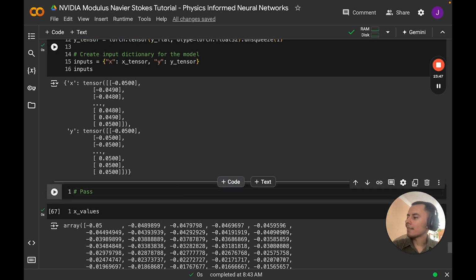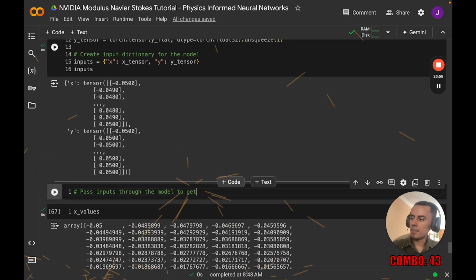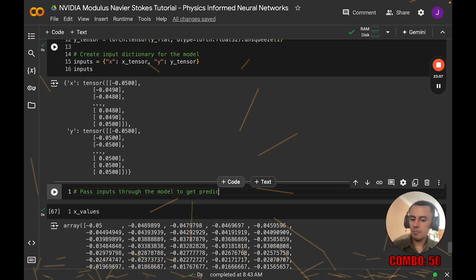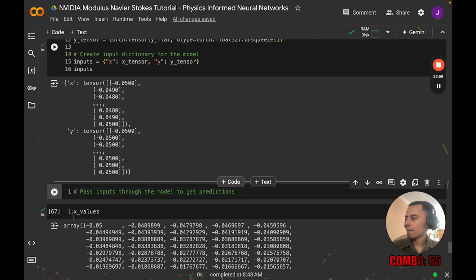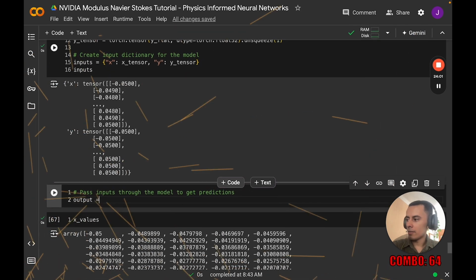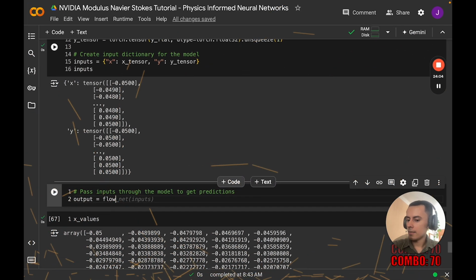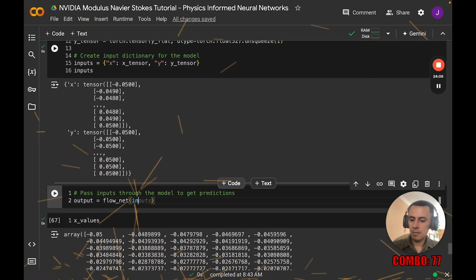The important part is that once you have the tensors, you can pass inputs through the model to get predictions. Okay? So output equals flownet inputs.